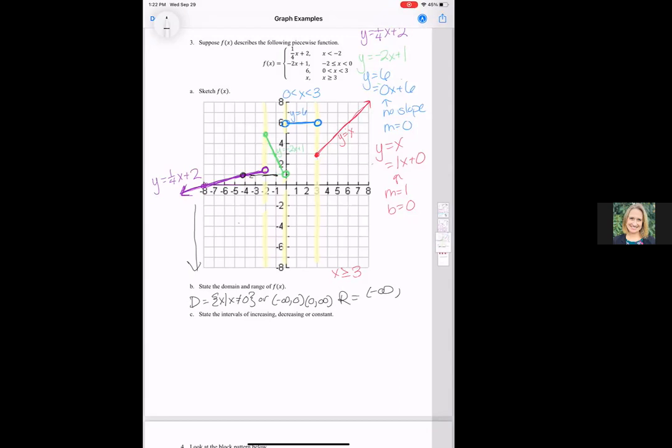Obviously for the domain, it's is there an x value? So even though there's not a y value at 0, 1 because of this open circle here, there is a y value here at negative 4, 1. And so that's really important. And so you can see that as you go all the way up, even here, there's this gap between 5 and 6. But if we look across, that gap is filled in by the red line. So our range here is actually negative infinity all the way to positive infinity.